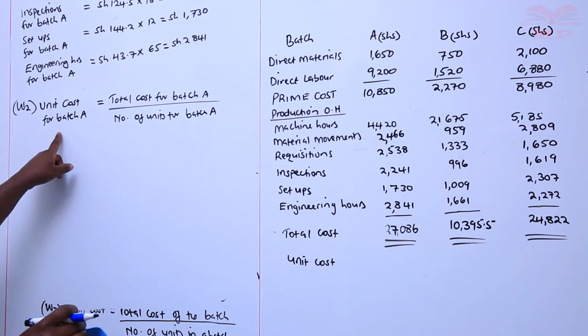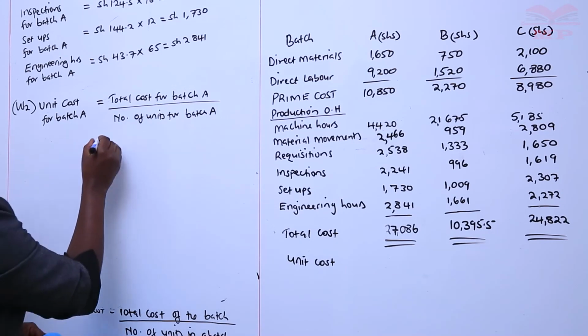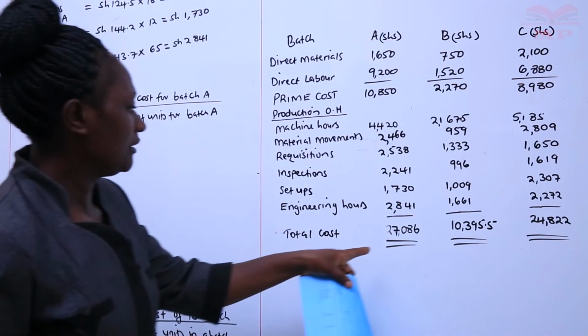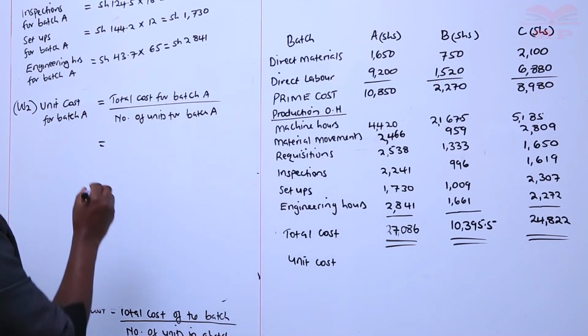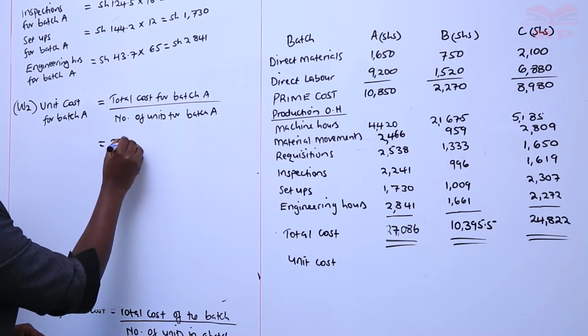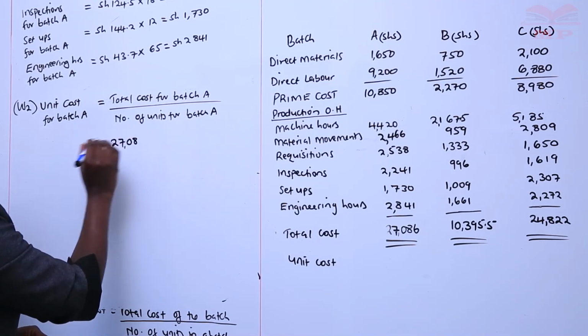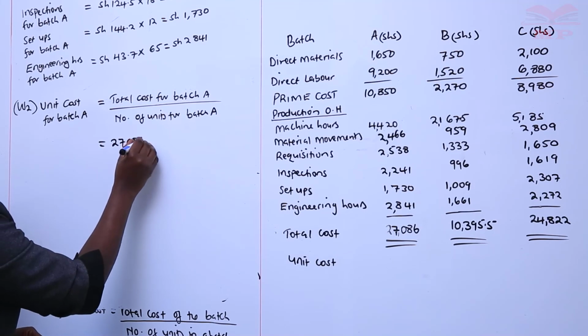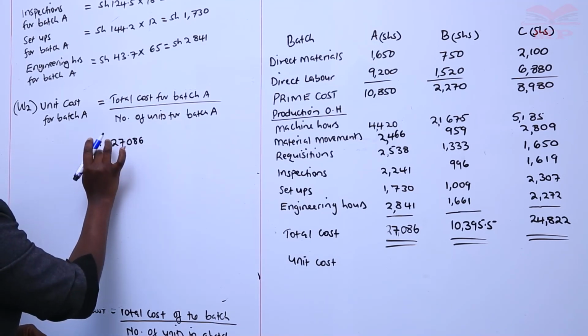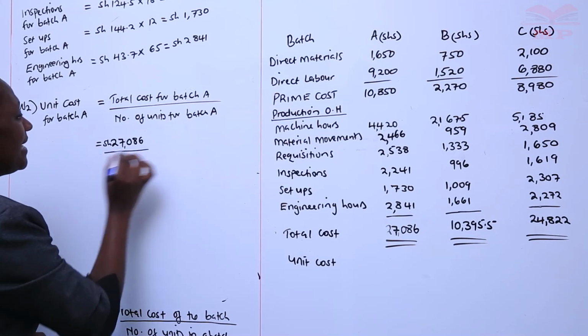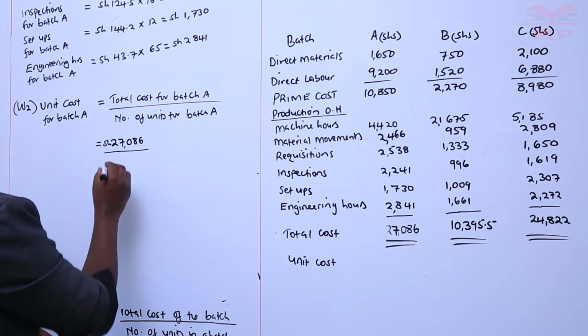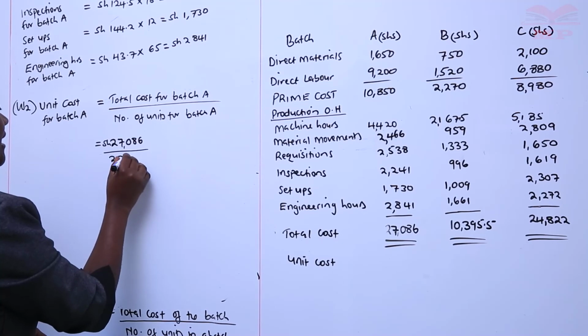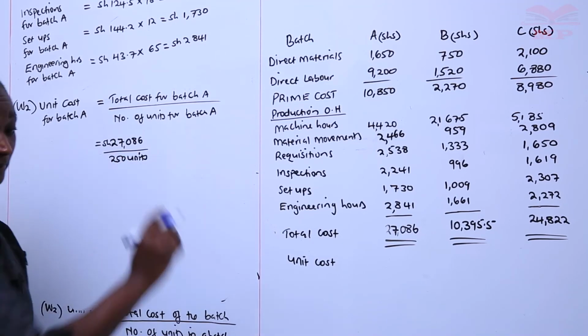So to calculate the unit cost for batch A, we are getting the total cost for batch A, which is 27,086 shillings, and dividing this by the number of units, which are 250 units.